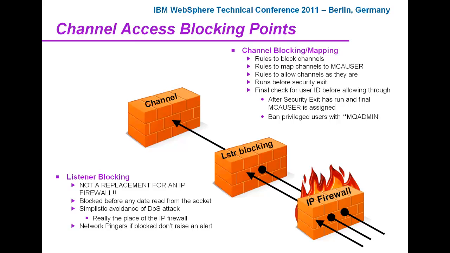And then finally, after everything that might assign an MCA user has run, we will check against the final kind of rule, which is the user ID list, and that will also check for banned privileged users. So this final check is a list of user IDs that are not allowed to be used on this particular channel. And there's a special value, *MQADMIN, that can never be a real user ID.